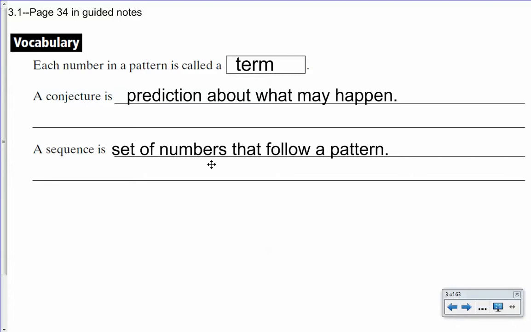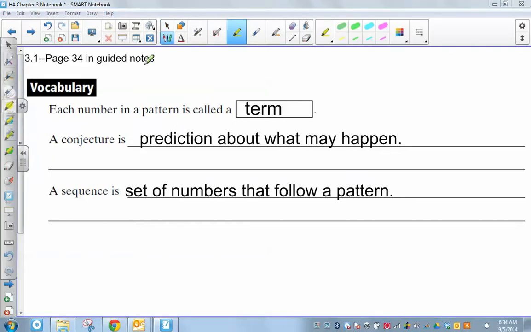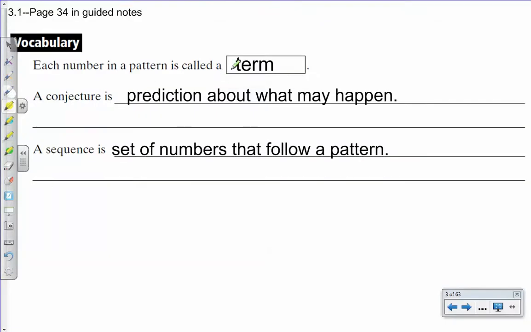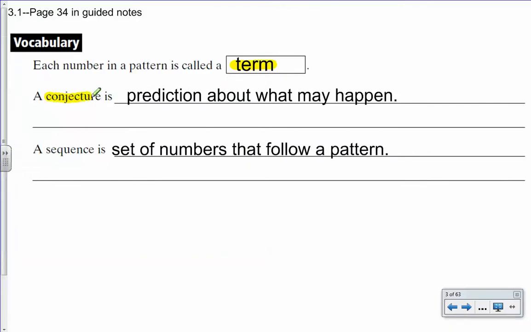Here are important vocabulary terms for the day that we need to know. Each number in a pattern is called a term. We need to jot down that vocabulary word. We also need to know, and you might know this from science class as well, that a conjecture is a prediction about what may happen.